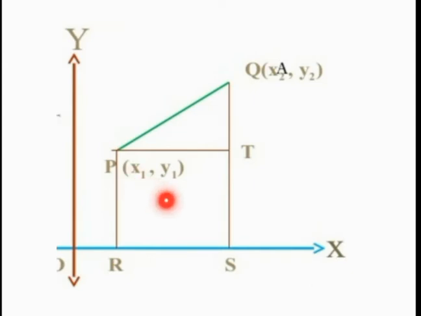In 10th class we will study the distance between 2 points. This is point P and this is point Q. Coordinates of P are (x1, y1), and coordinates of Q are (x2, y2). We need to find the distance between P and Q, that is this green line.